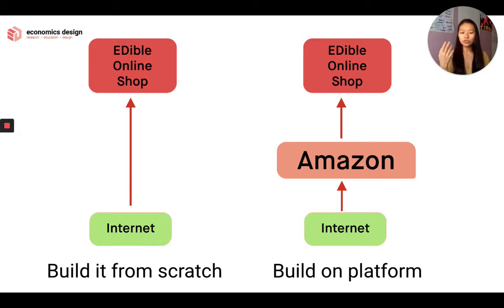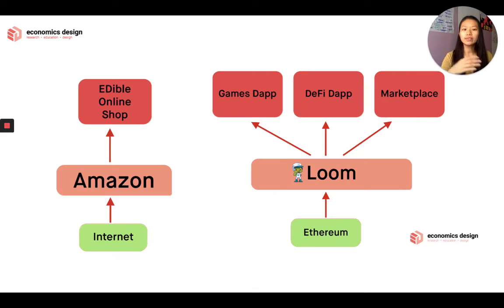So I can do this in 2 ways. I can build my online shop from scratch, or I can build it on Amazon because Amazon is a platform that's ready for me. So how is this linked to Loom? Loom is something like Amazon.